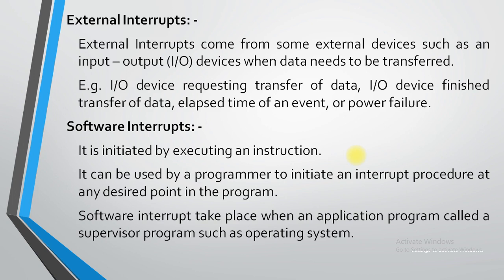The last interrupt is known as software interrupt, which generally occurs when the application program communicates with the operating system. At that time a software interrupt occurs. So these three are the types of interrupt: internal interrupt, external interrupt, and software interrupt.